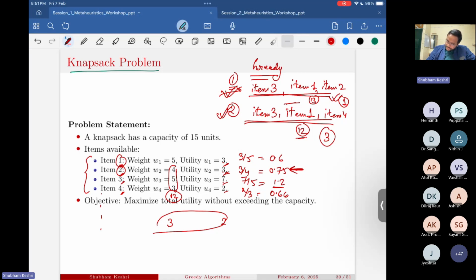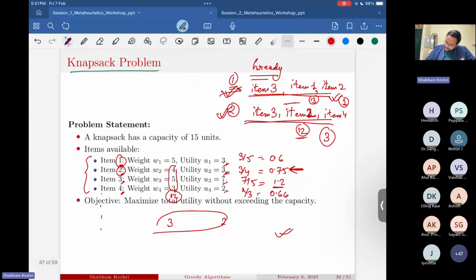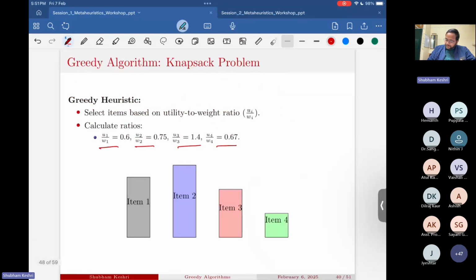Oh, item 1. Right, so it is item 2. Yes, sir. Thank you. Okay, I have done the same thing. I have calculated the ratio, and then I have picked items from there. So it is not 1.2, it is 1.4.